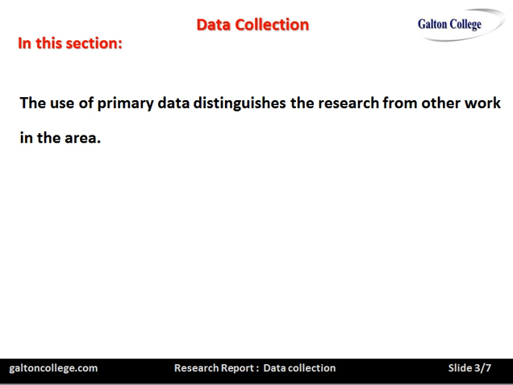But given it's all based on the same source, generally speaking, the pieces of research will be similar or will overlap in some way. But the use of primary data distinguishes research from other work in the area. Primary research means collecting the data firsthand, which means that the research is distinguished from other work in that area.